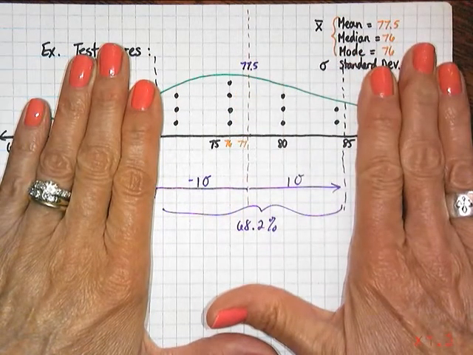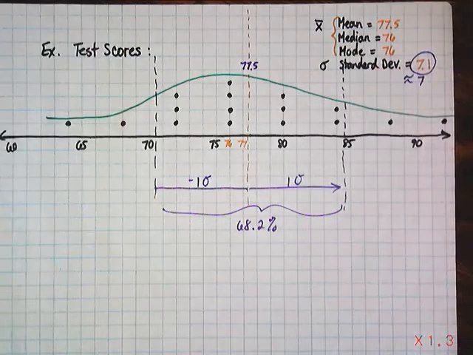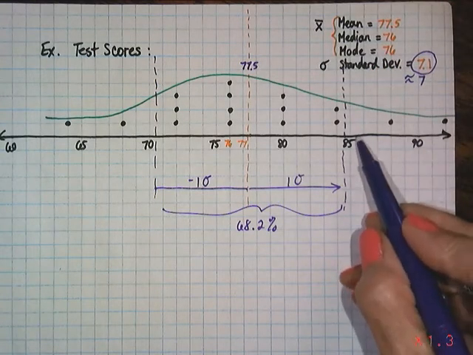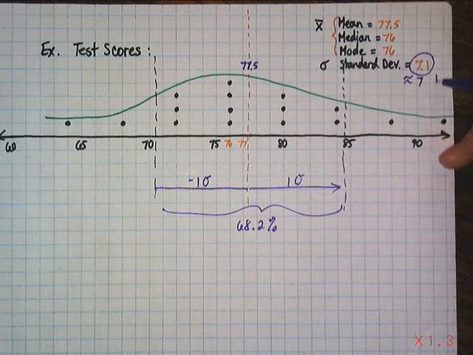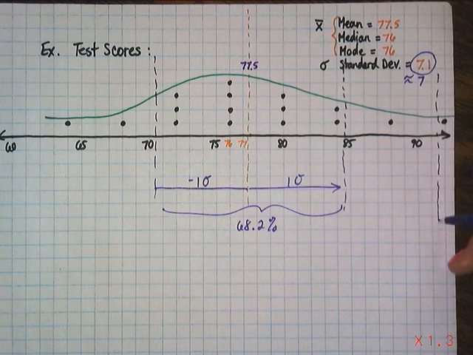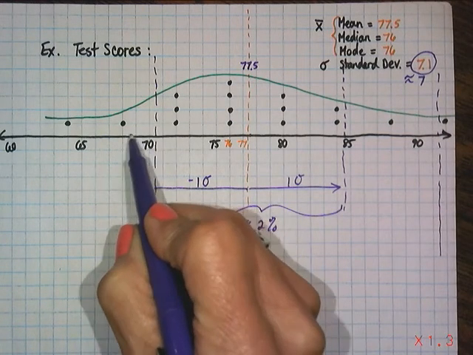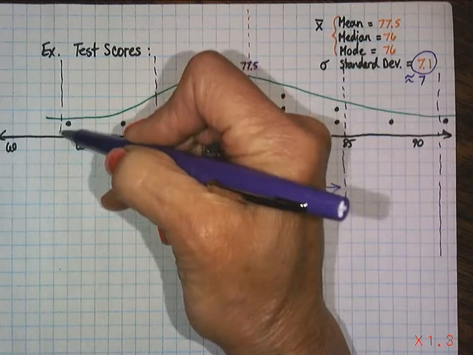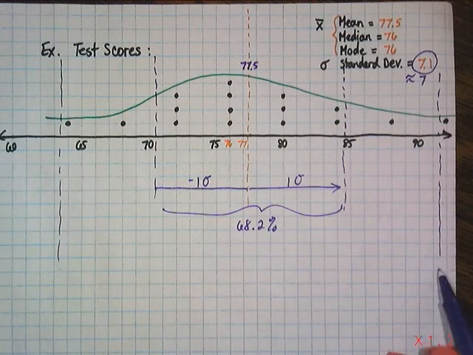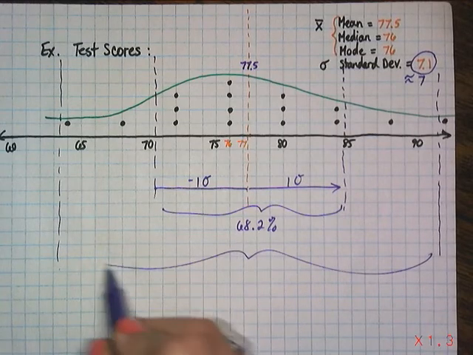Does that make sense? And then if I wanted to go another standard deviation out, I would go 1, 2, 3, 4, 5, 6, 7. Draw a vertical line. 1, 2, 3, 4, 5, 6, 7. Another vertical line.